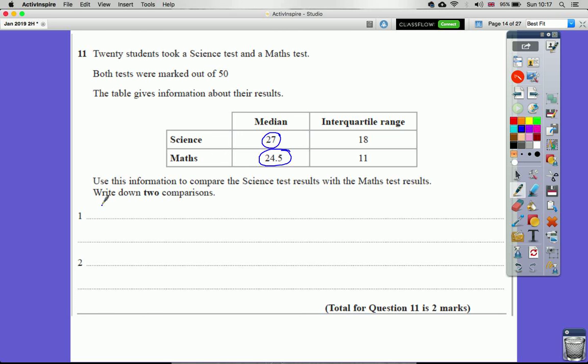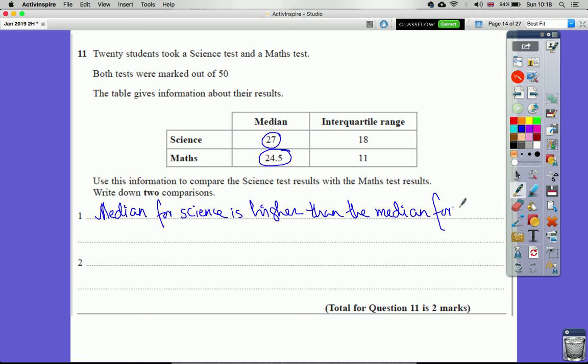We can say the median, which is kind of an average, for science is higher than the median for maths. So the average is higher for science.